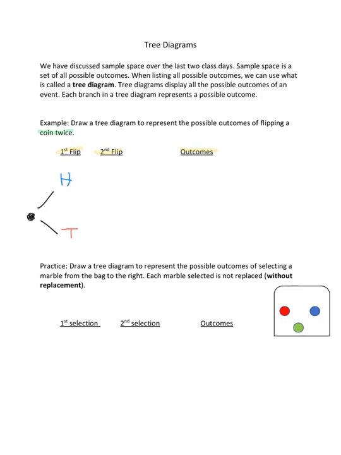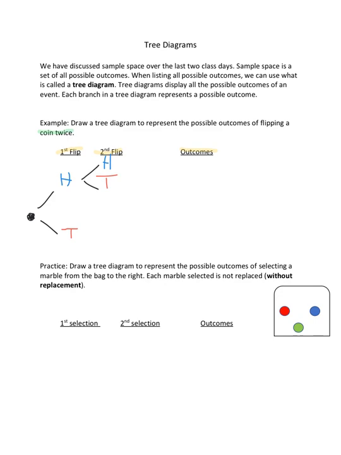Now for the second flip, I'm going to once again think about possible outcomes. If my first flip lands on heads, for my second flip there are two outcomes. I could land on heads again, or I could land on tails. Once again, each branch represents a possible outcome.